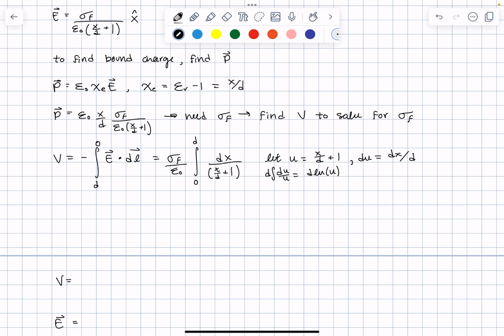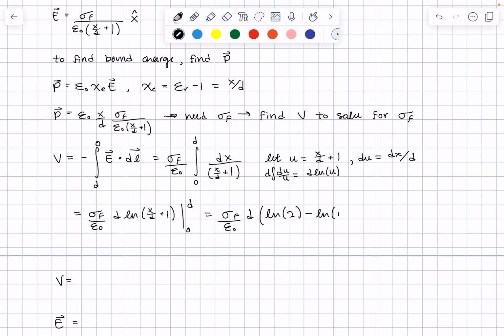So therefore our potential will be equal to our free charge density over epsilon naught d ln, plugging back in our x over d plus 1 from 0 to d. And that will give us our surface charge density over epsilon naught d times ln of 2 minus ln of 1, because we will plug in these limits.